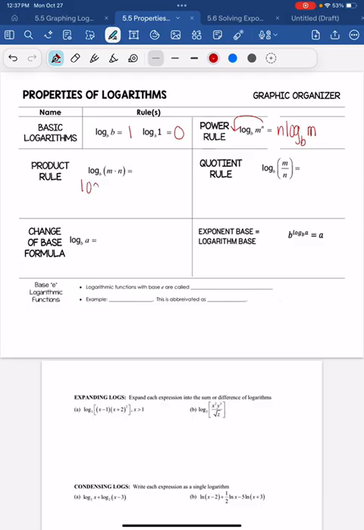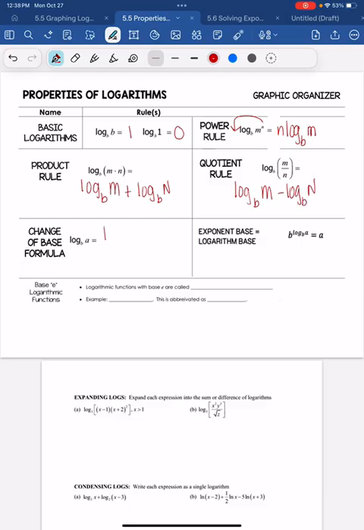So this becomes the log base b of m plus the log base b of n. Quotient rule, divide arguments, subtract logs. So this is going to become the log base b of m minus the log base b of n.